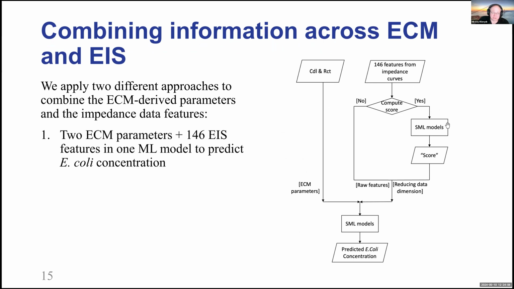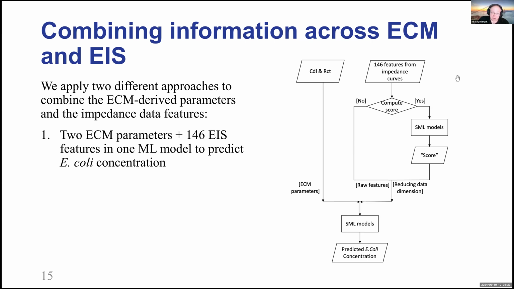Conceptually this is depicted in this diagram. On the left we have the ECM derived parameters. And then on the right, we have the parameters from the raw impedance curves.